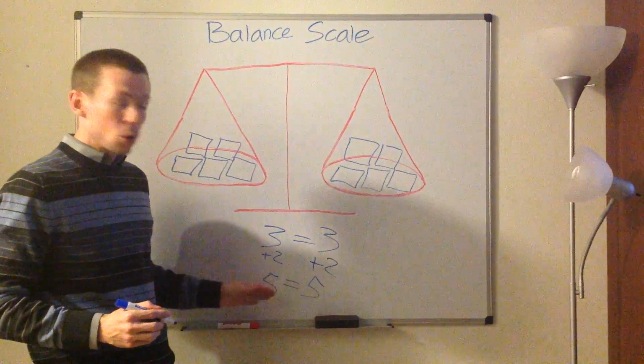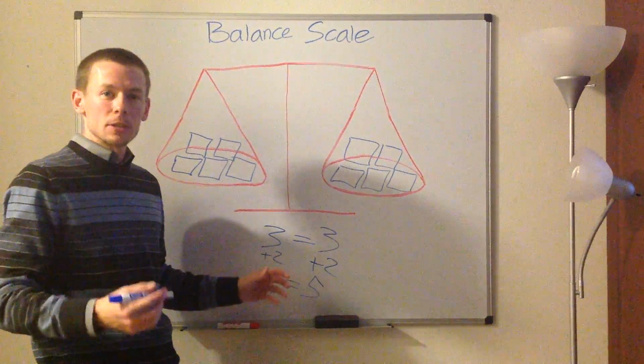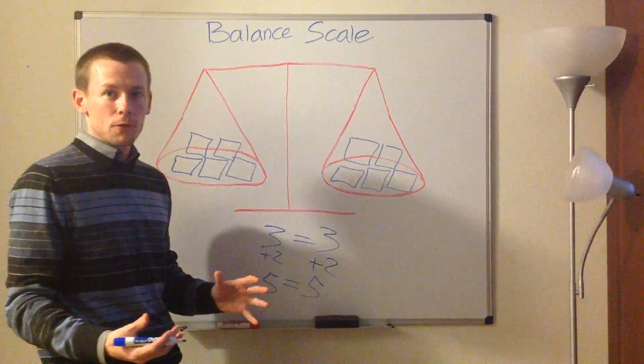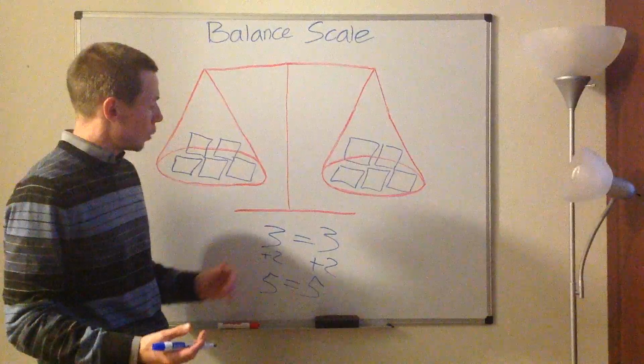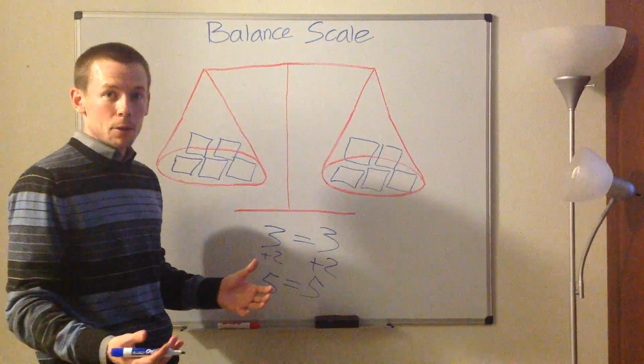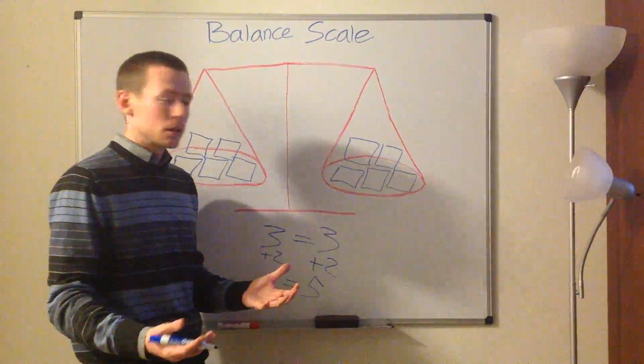Both sides of the equation are still equal and represent the same amount. Okay? So that's the addition principle for equations. As long as we add the same thing to both sides, then they remain in balance.